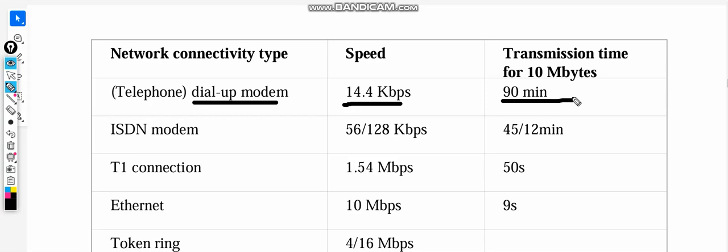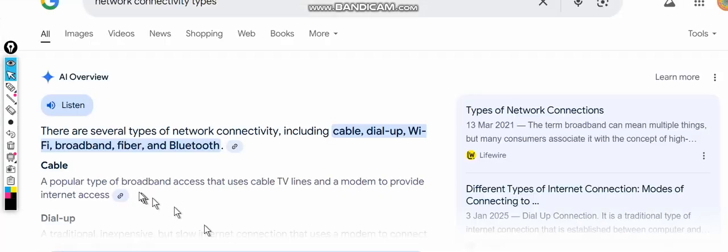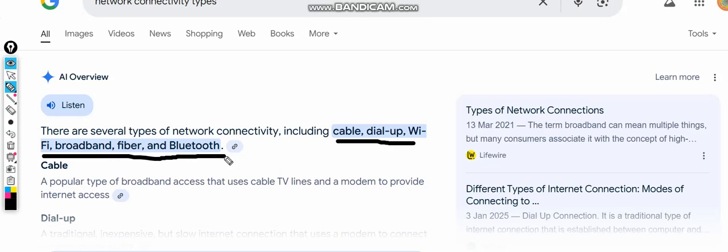Network connectivity type means the type of cable used, or the type of connection used. There are several types of network connectivity, including cable, dial-up, Wi-Fi, broadband, fiber and Bluetooth.